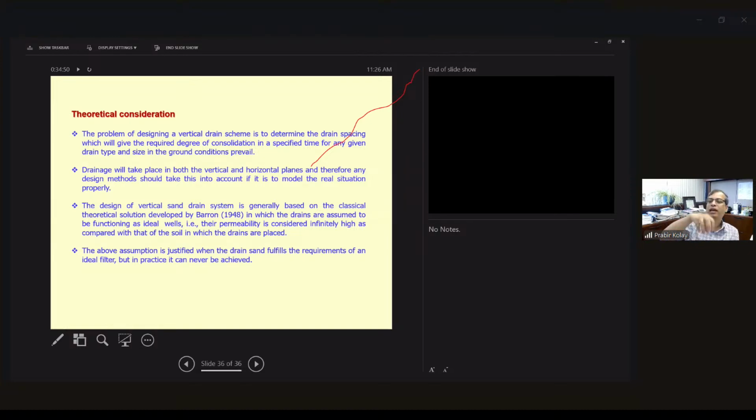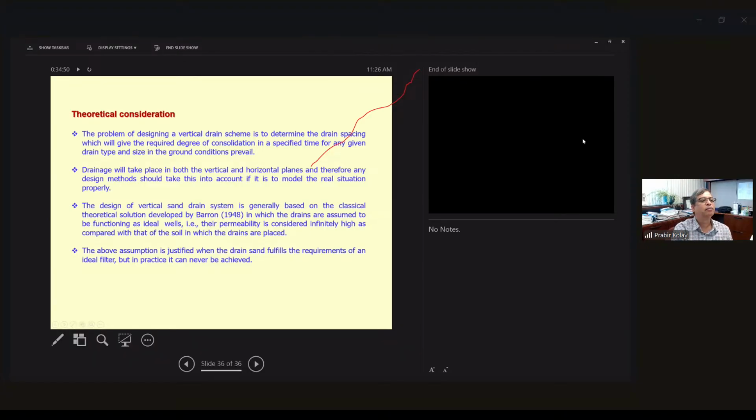Only thing is you need to check what pattern you used, whether it is sand drain or PVD, and then what should be the equivalent diameter. If you know how much area an equivalent diameter covers for a particular sand drain, and you know the whole area, you can find out how many sand drains you need, and then you can design accordingly.